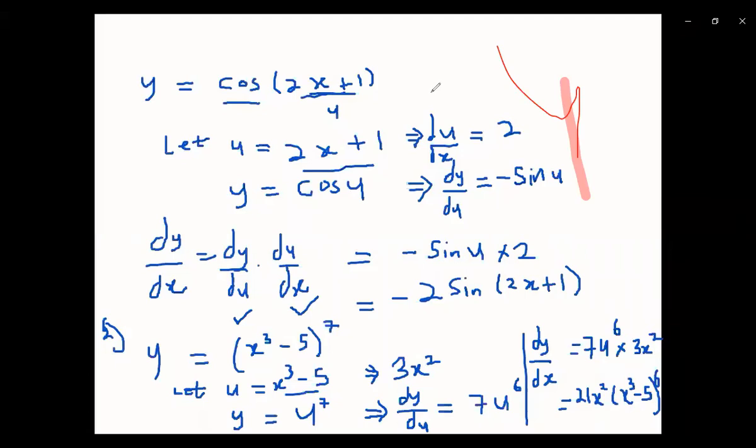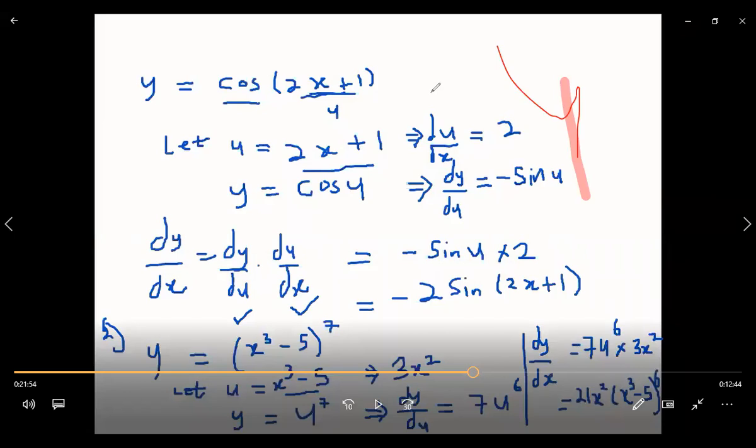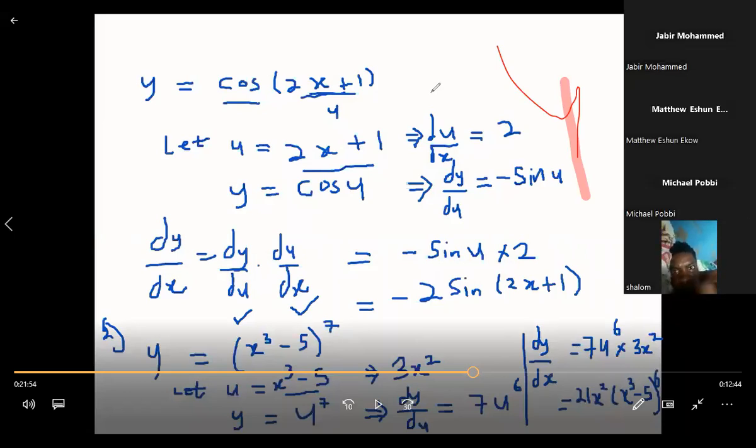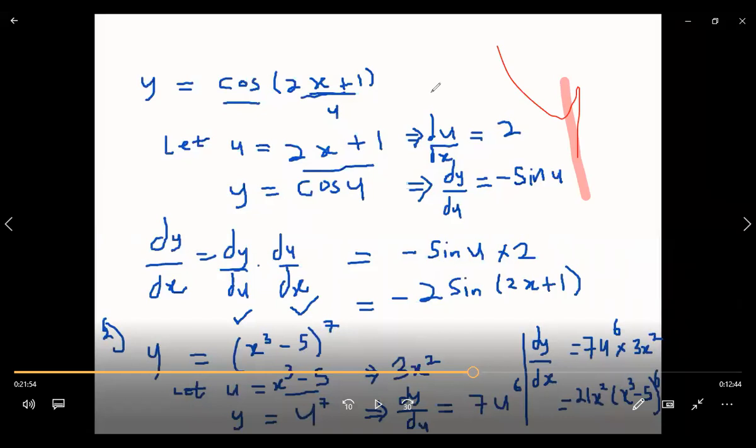Okay. Let me hear from Jabil Muhammad. Sir, please, I want to ask about question one, cos of 2x plus 1. Can you use the product rule to solve this kind of question, because the cos and the function are multiplying?